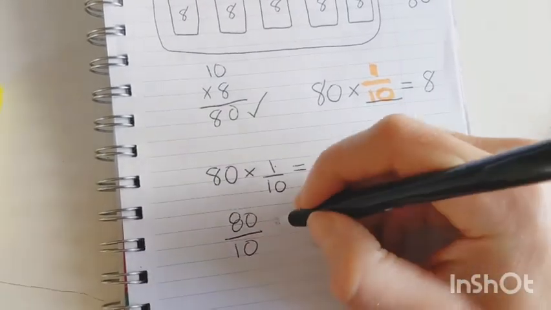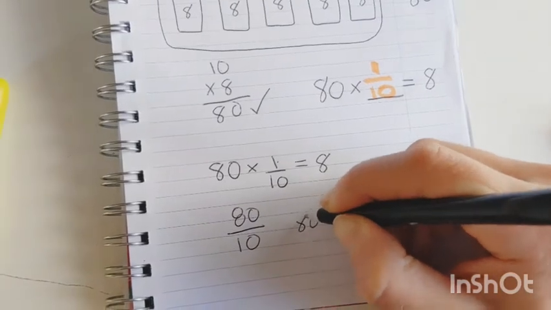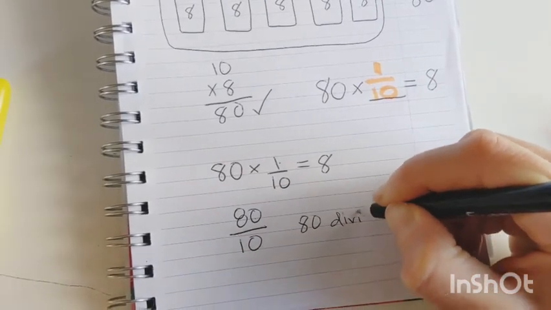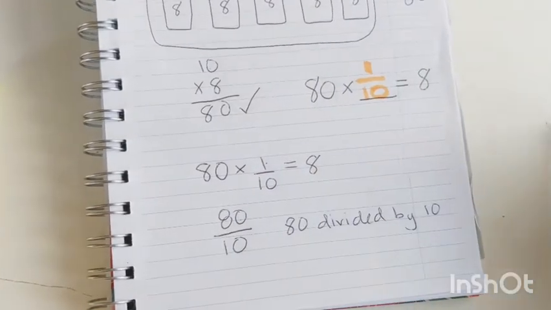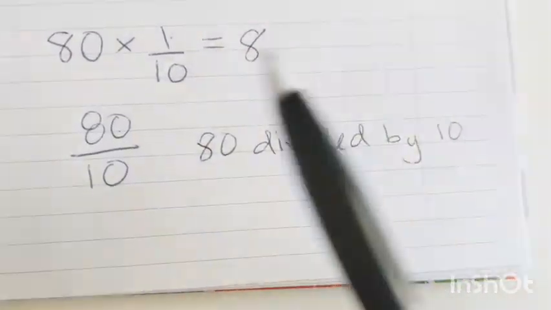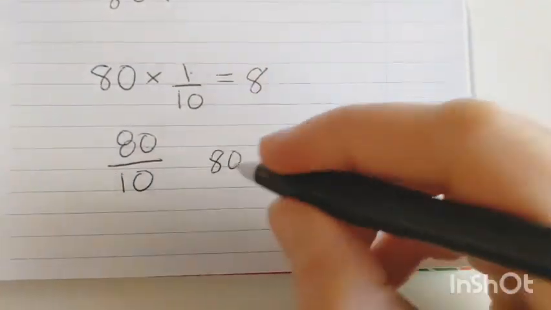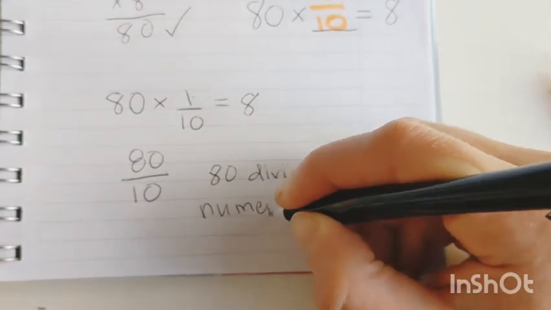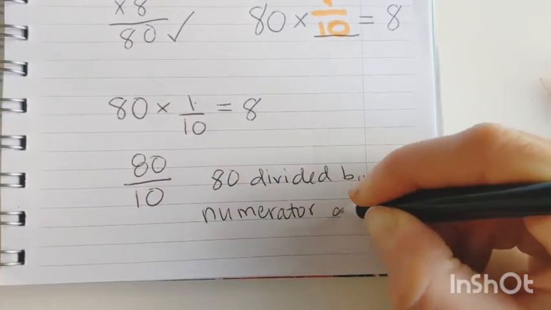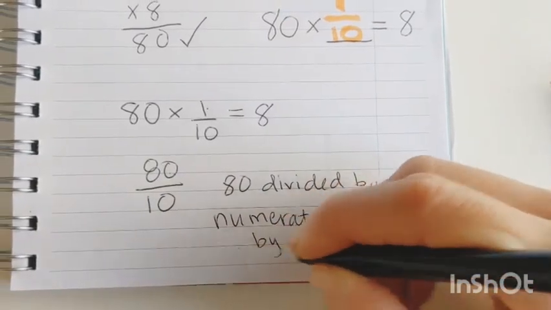And this means the same thing as 80 divided by 10. So something important to remember is that when we have a fraction, the fraction means the same thing as the numerator divided by the denominator.